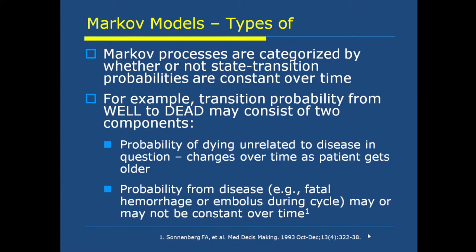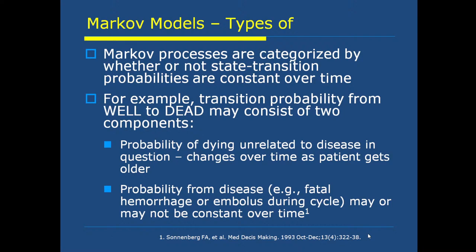For example, transition probability from well to dead may consist of two components: probability of dying unrelated to disease in question changes over time as patient gets older, and the second, probability from disease.